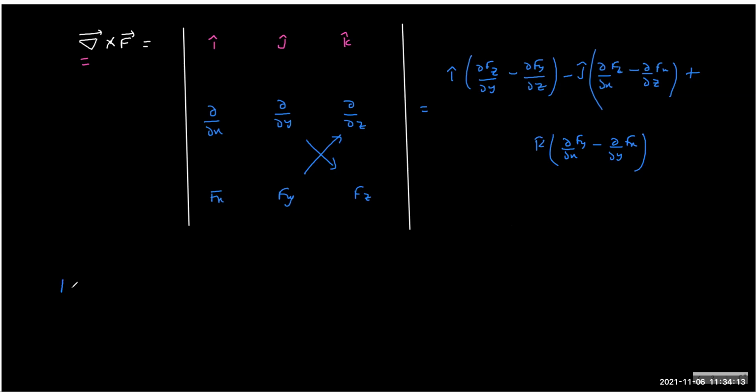So let us check. If I give you F equals y i cap plus x j cap, can you tell me whether it is conservative or not? It will be a 2 by 2 determinant, right? So no need to put the third determinant, just write 2 by 2.